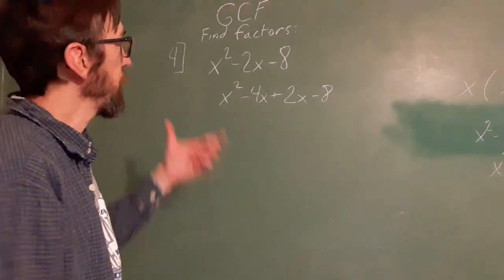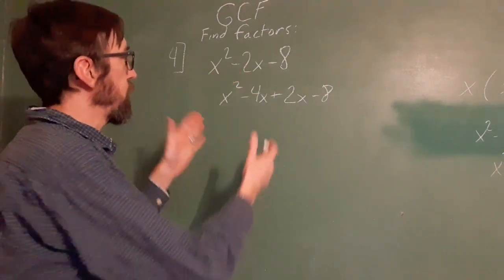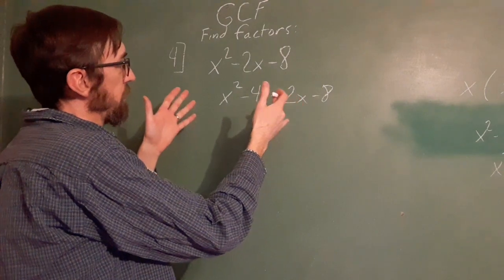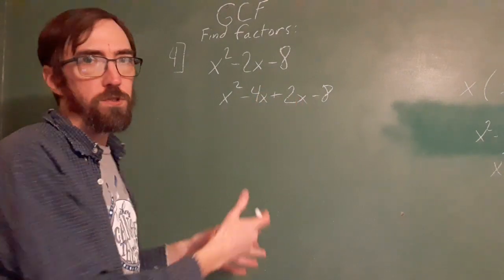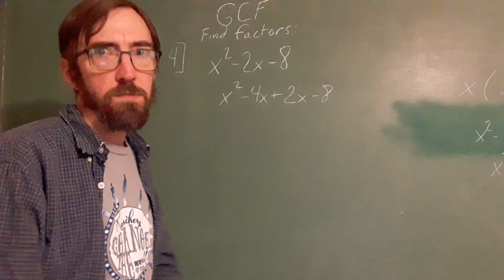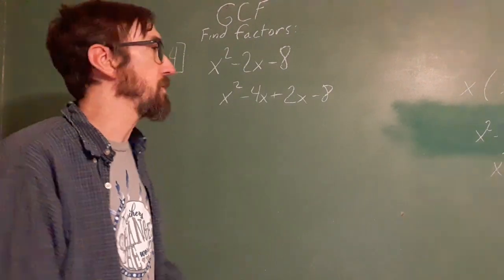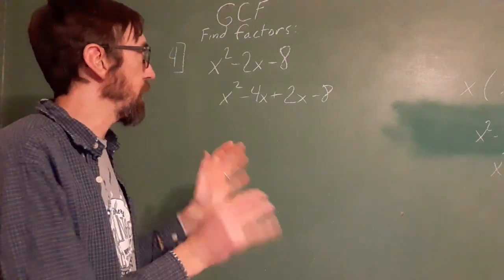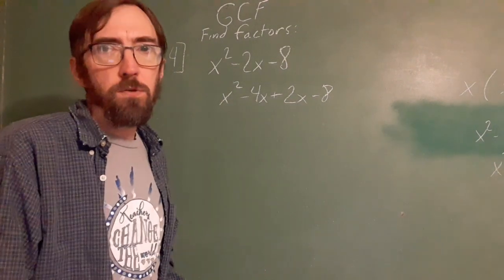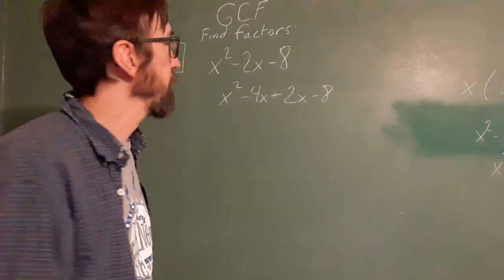I have changed from having a trinomial to having an expression that has 4 terms in it, but these 2 terms in the center are like terms, so they would simplify to this term. So I haven't changed the value of this, I've just changed the look.